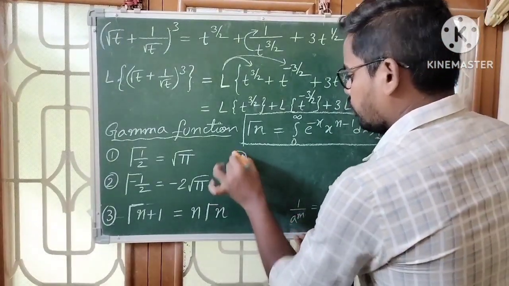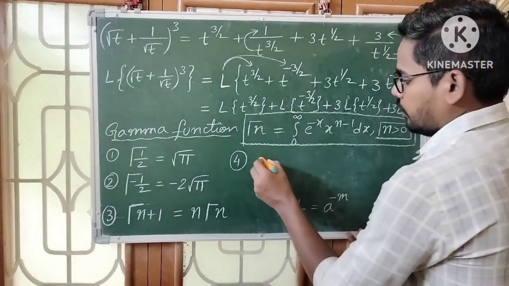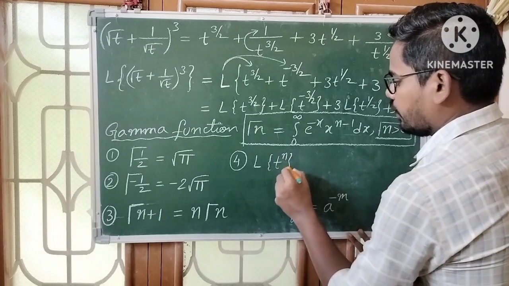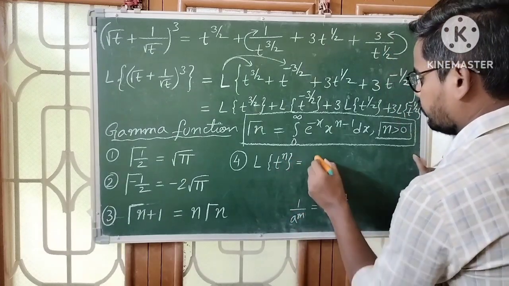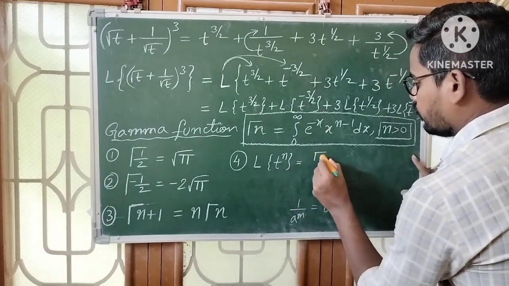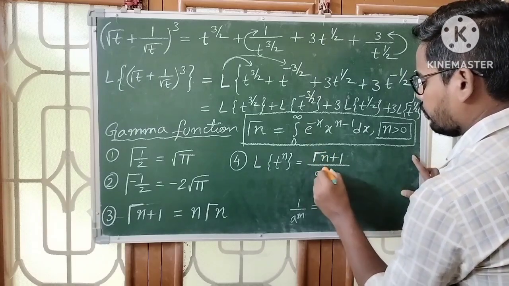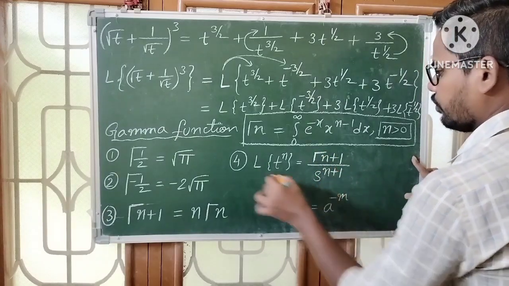We have one more formula: Laplace transform of t power n is equal to gamma of n plus 1 by s power n plus 1. This is very important.